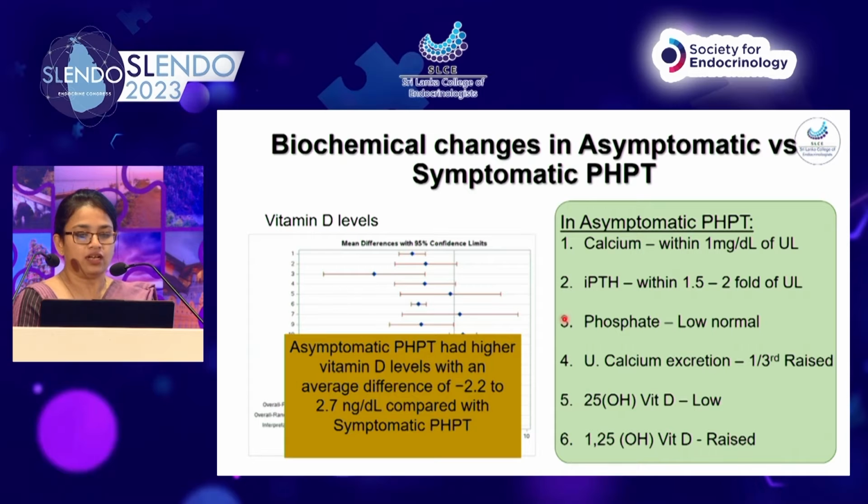And in conclusion, with the biochemical profile, asymptomatic primary hyperparathyroidism has calcium levels within 1 milligram per deciliter from the upper limit, slightly elevated PTH level, 1.5 to 2 times, and phosphate either normal or low normal. It's not very low like in symptomatic hyperparathyroidism. Urine calcium excretion is raised only in one-third, and vitamin D levels are low, but much higher than the symptomatic group.